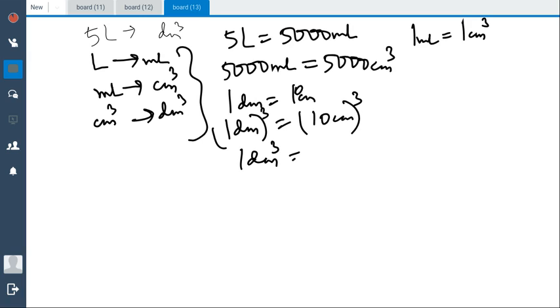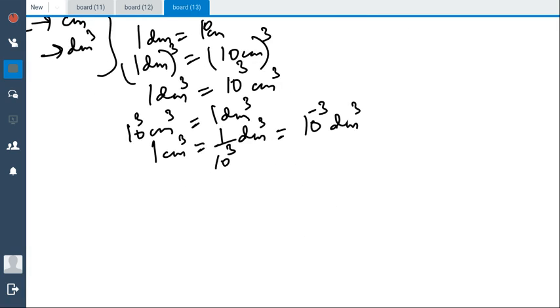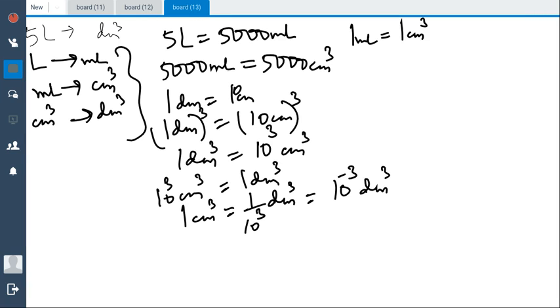We will get 1 decimeter cube is equal to 10 raised to 3 centimeter cube. So 1 centimeter cube will be equal to 1 by 10 raised to 3 decimeter cube, which is 10 raised to minus 3 decimeter cube. Now, what was our question? We had 5,000 centimeter cube.